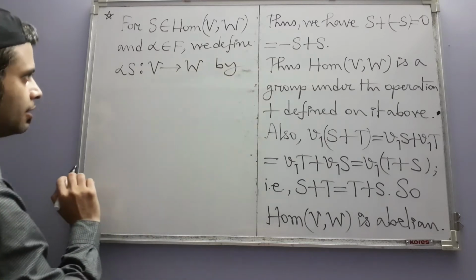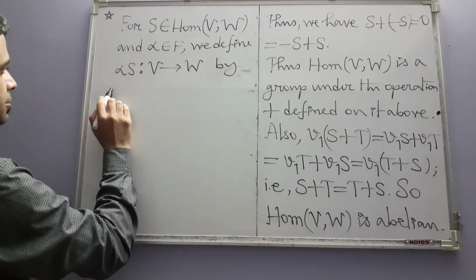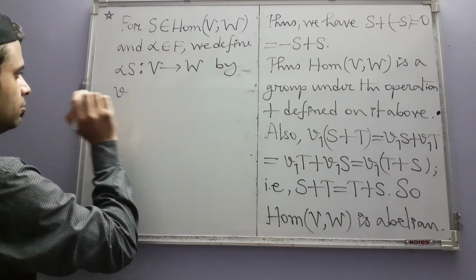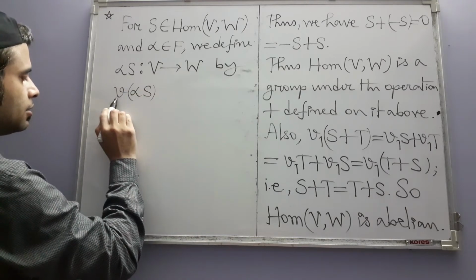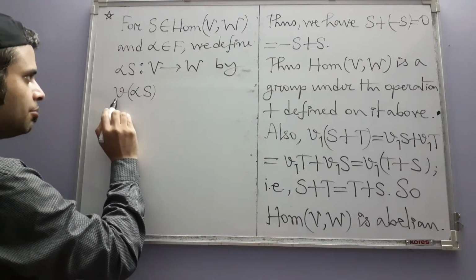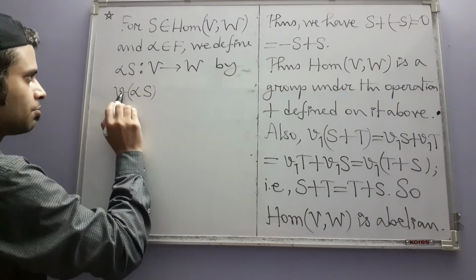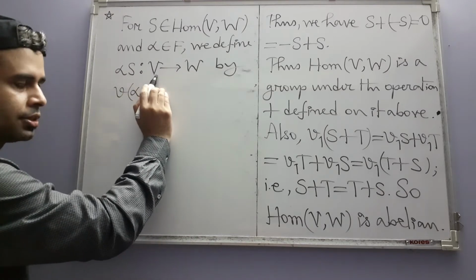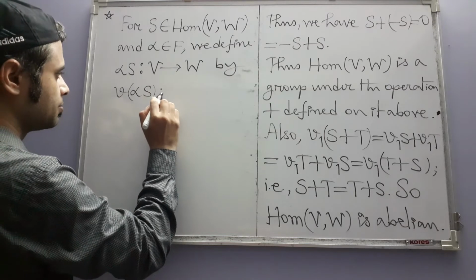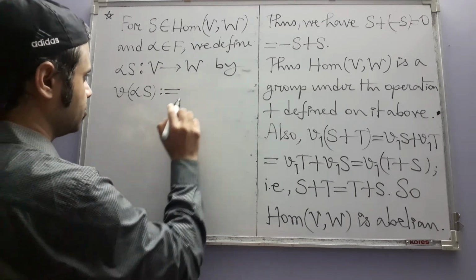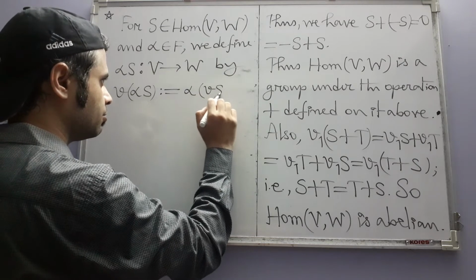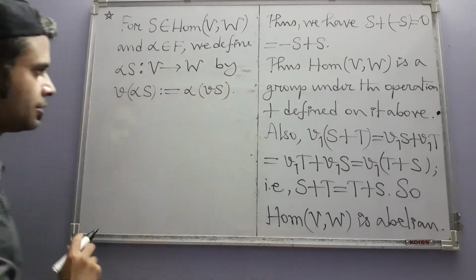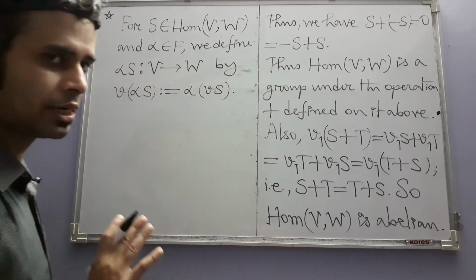But what is its definition? Its definition is this: v alpha S. That means the alpha S image of v, where this small v is coming from capital V, the domain space, is equal to alpha times vS. Things may look somewhat quite confusing.